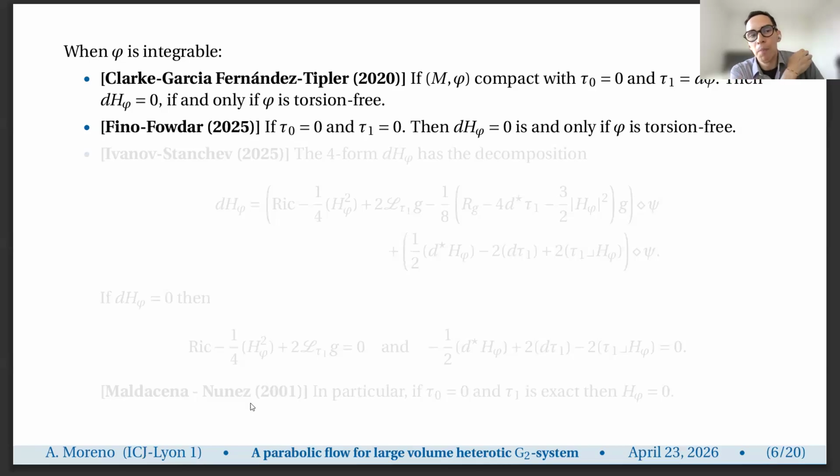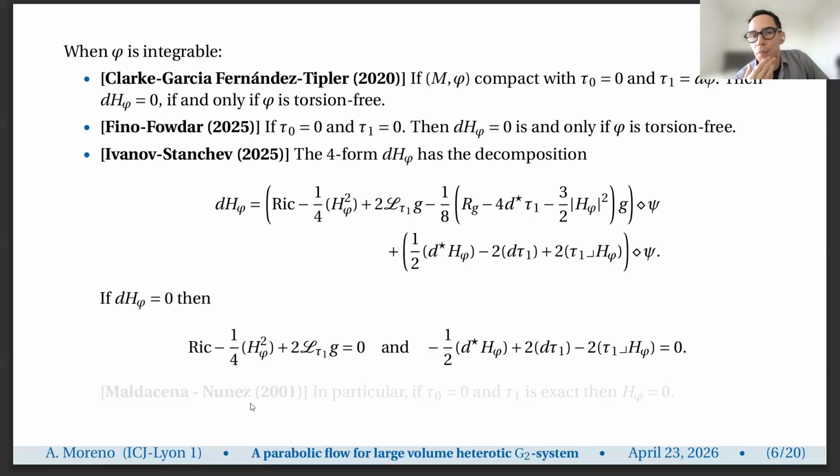For instance, in the non-compact case, if you have that tau0 is 0 and tau1 is 0 also, which is also called purely co-closed, the closed condition for the torsion means torsion-free. So in some sense, this kind of structure, when you have some particular torsion and the vanishing of these torsion forms, could be a way to find torsion-free G2 structures.